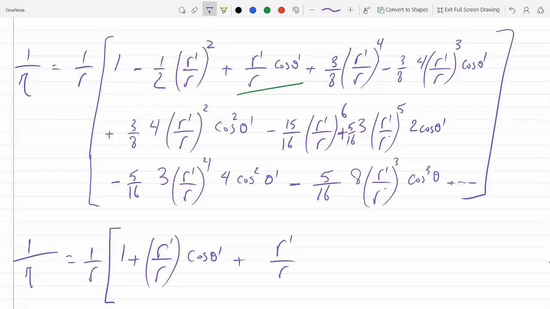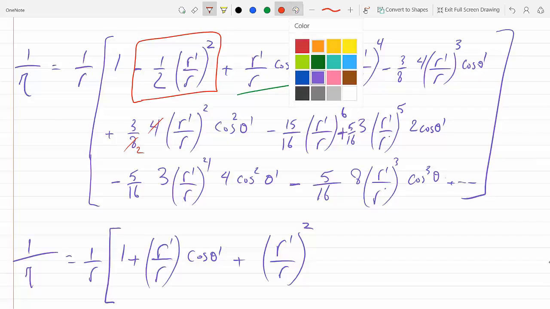Okay, let's go to the square term. This is r prime squared, because remember we're expanding according to this. What do we have? Well, we have the minus half, and we have this term here. And who else do we have with the square? Right here, this simplifies with that, so it becomes 3 over 2 cosine squared.